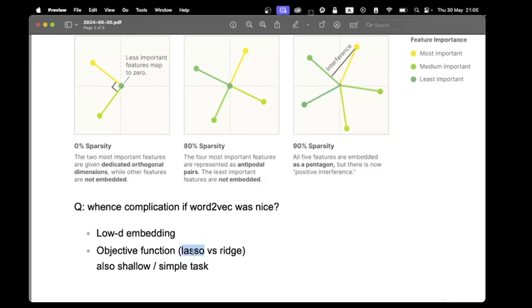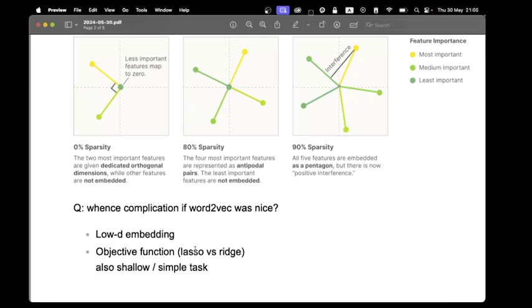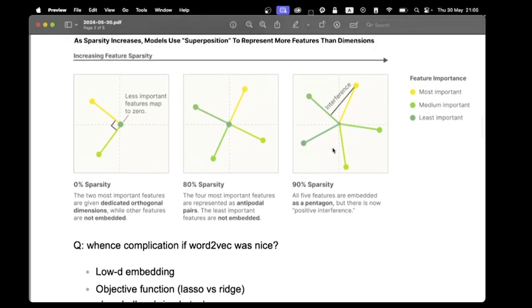I think L1 regularization is famous for having this property. And it so happens we train transformers with objective functions which are prone to superposition.